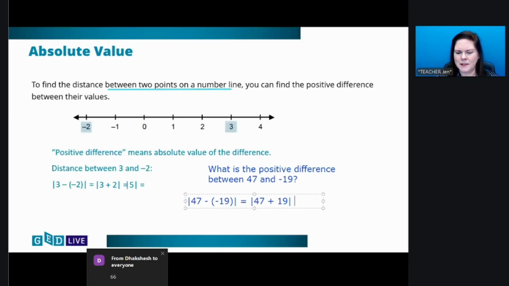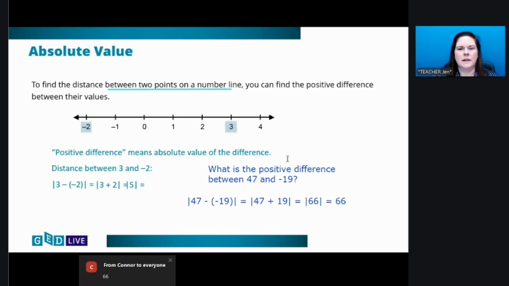Okay, so if we add those up, it looks like 66. So we're looking at the absolute value of 66. And what is the absolute value of 66? Right. Perfect. So taking the positive difference inside the absolute value bars will give us the number of steps.